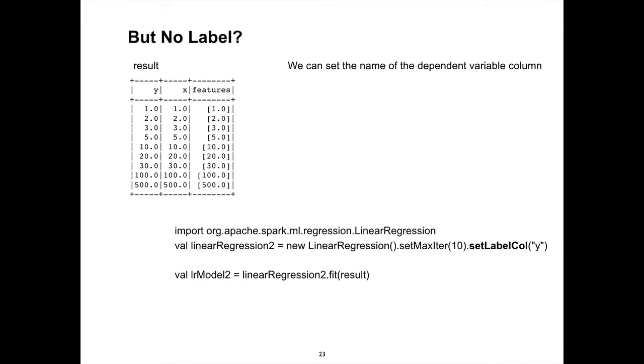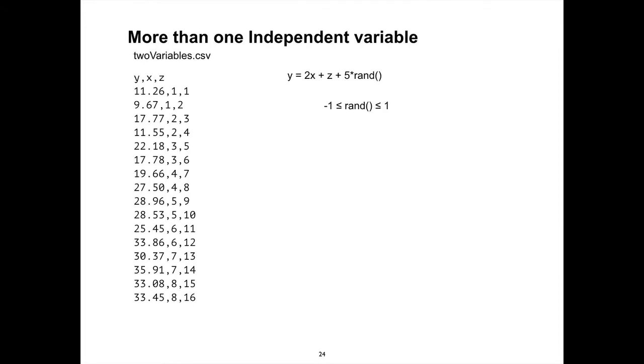So in this case, when I create my linear regression object, I can say the label column is going to be Y, not label. And we do the same thing with features. We don't have to use the default value.